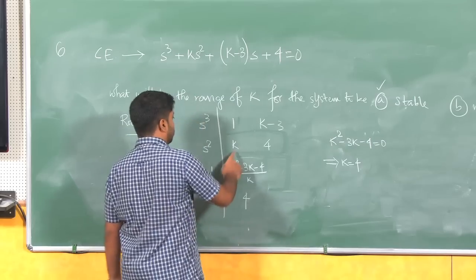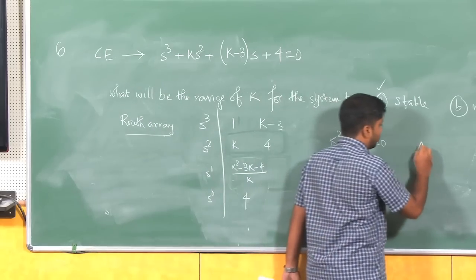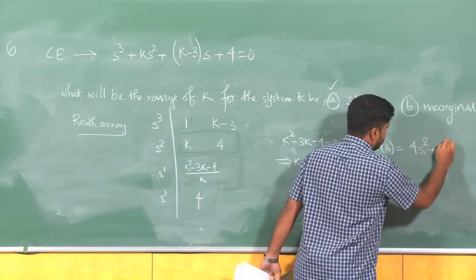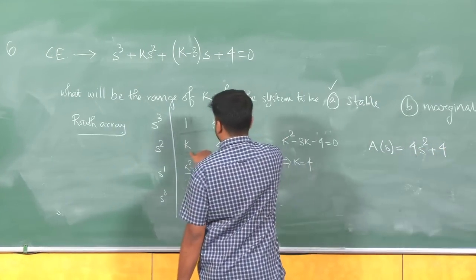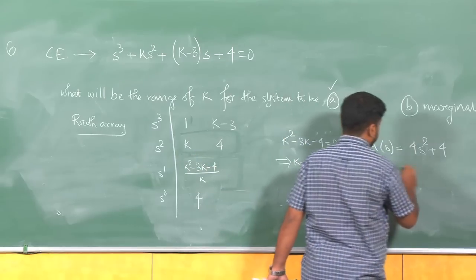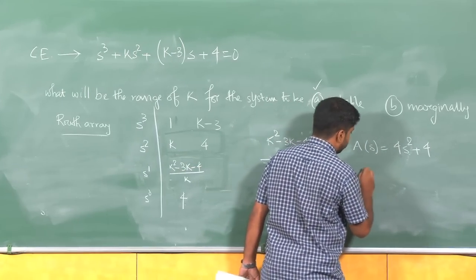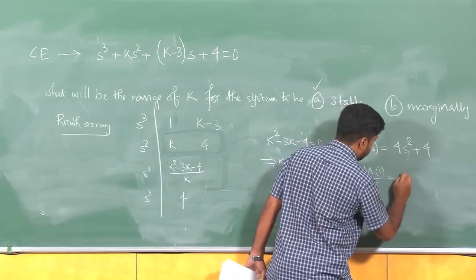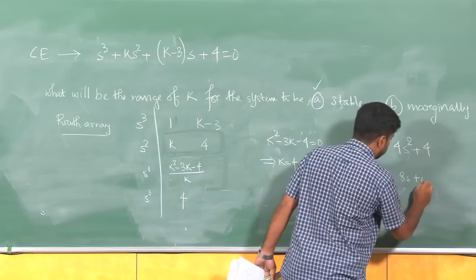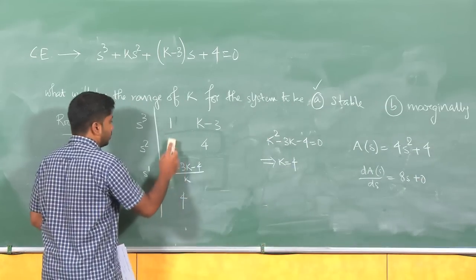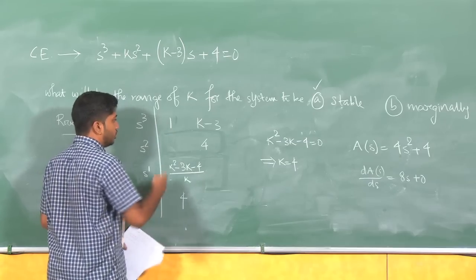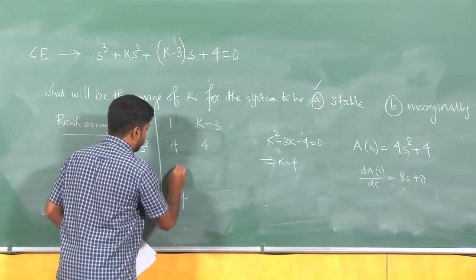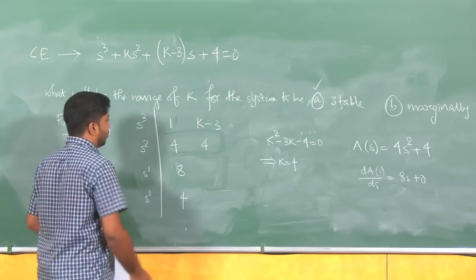Now, the auxiliary polynomial is equal to 4s square plus 4, because k is equal to 4, then dA/ds is 8s plus 0. So, replace k by 4, replace this by 8, and this will be 4.